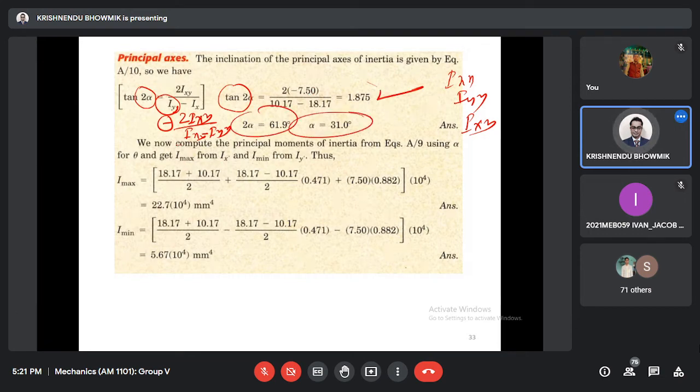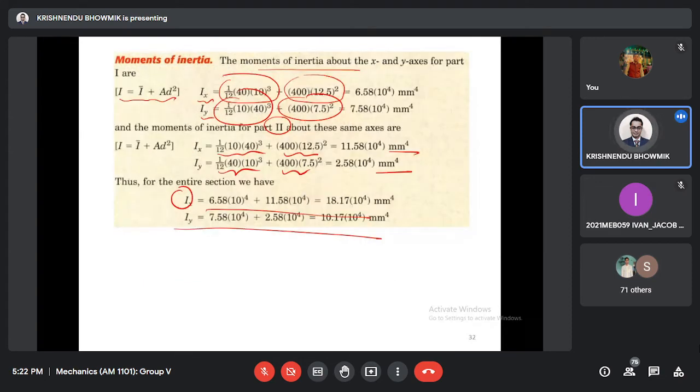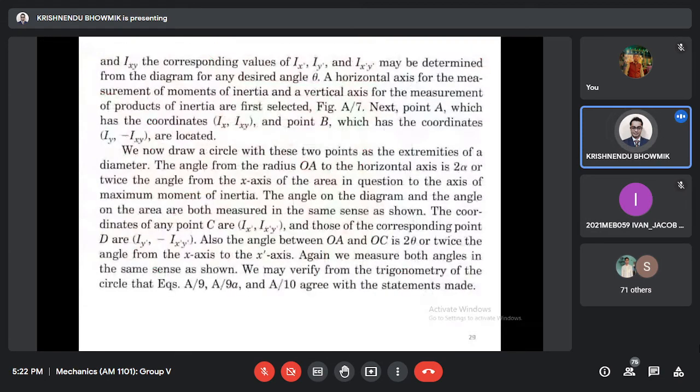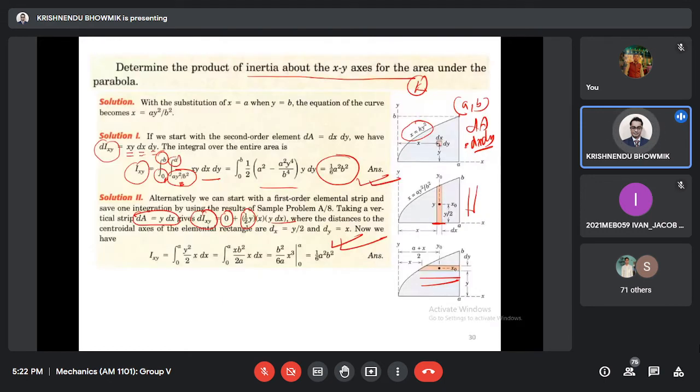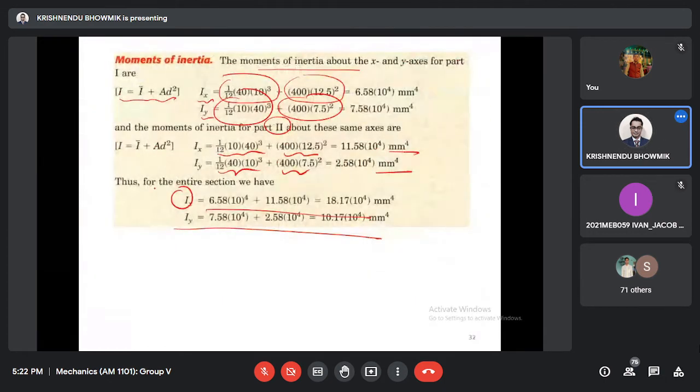Then for Imax, the maximum or minimum value, this is the center. Instead of that expression, we can draw the Mohr's circle.